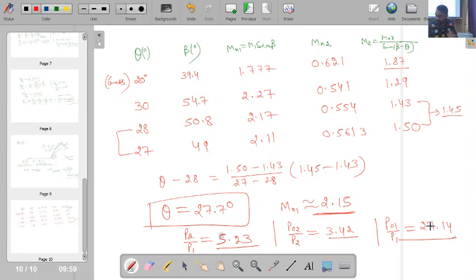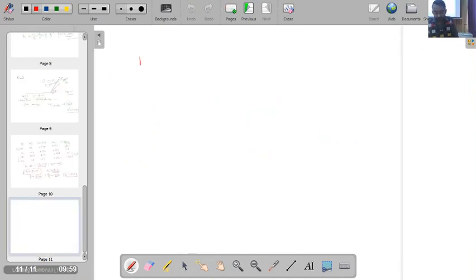With these values, now if I have to calculate the stagnation pressure P02, I can write P02 by P2 times P1 by P01 into P2 by P1 into P1. Fine.